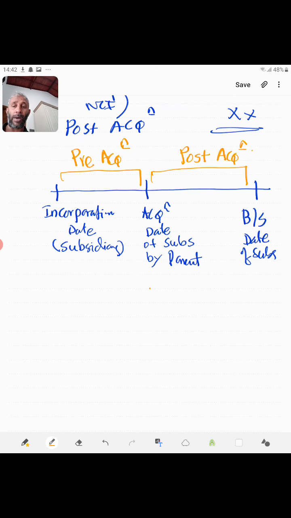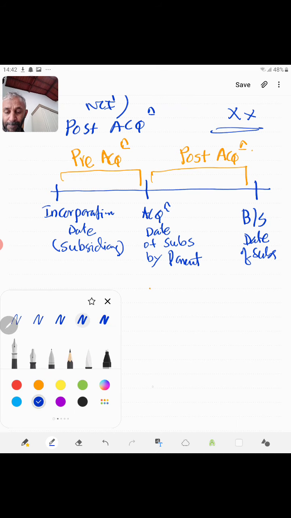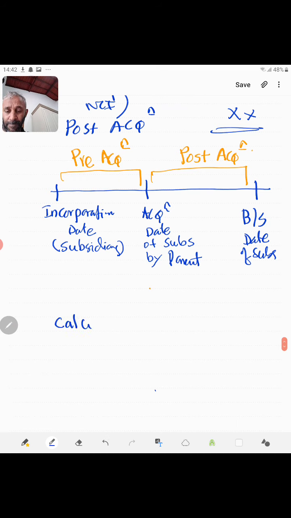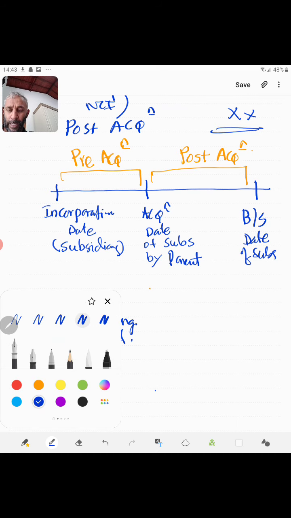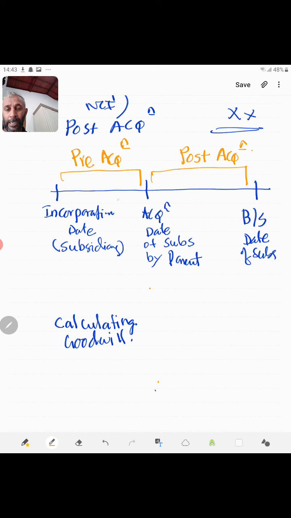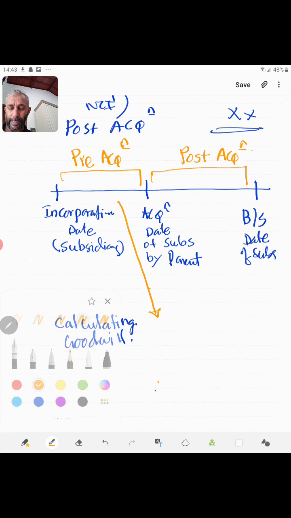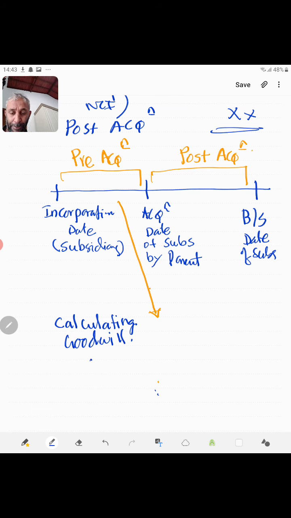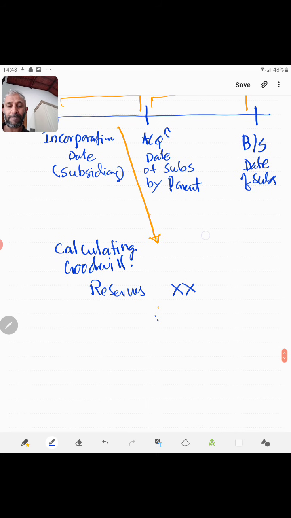So when calculating goodwill, what will you do? You will take this portion here, and that reserves will be brought from the total reserves available on the balance sheet.